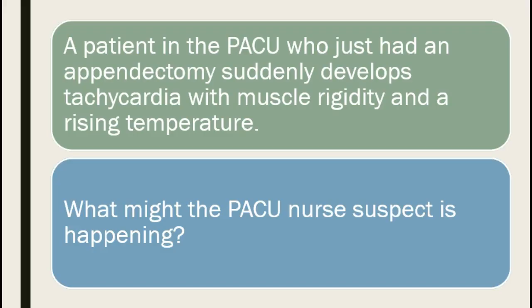Let's take a look at a scenario. We have a patient who's in the PACU who just had an appendectomy, who suddenly develops tachycardia with muscle rigidity and a rising temperature. What might the PACU nurse suspect is happening? You should have already done some work on your reading, so you may have an idea of what this is.